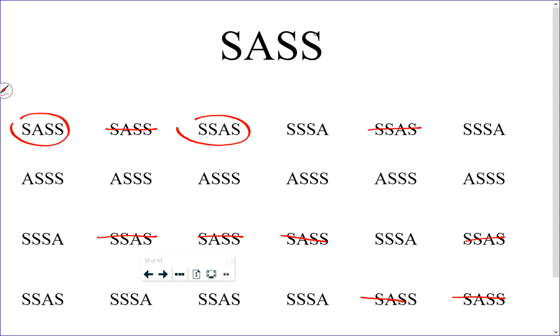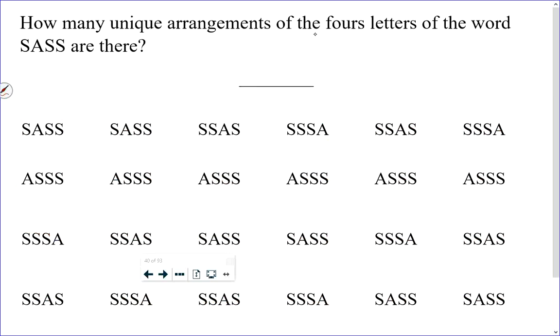Included, included, included, included. We have SA. Included, included, included, included, included, and AS. We're down to 4. So the answer to this question is 4.